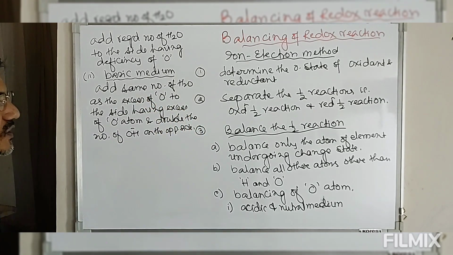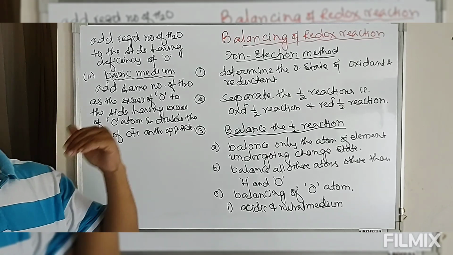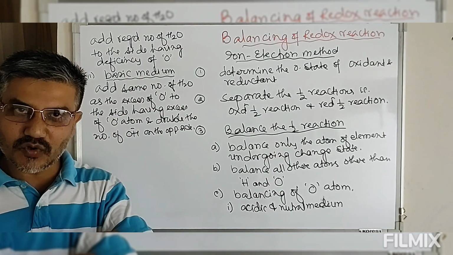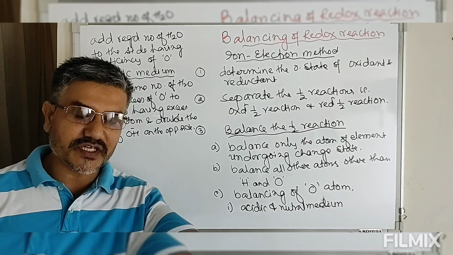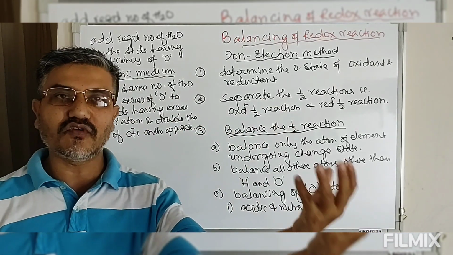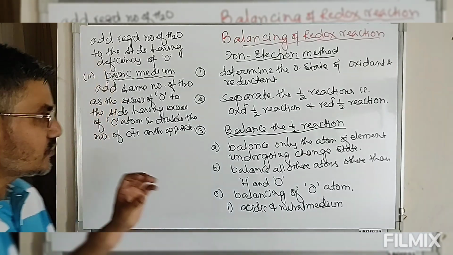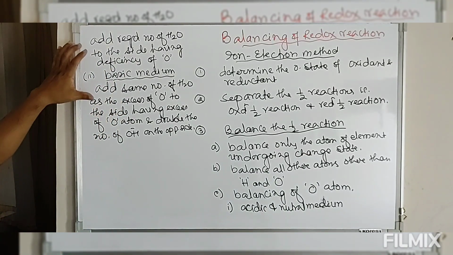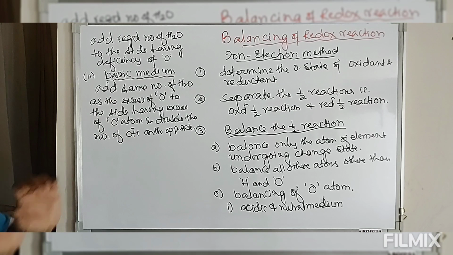If 5 water molecules are added, then on the opposite side 10 OH minus. If 7 water molecules are added, then on the opposite side we have to add 14 OH minus. By use of this, your oxygen will be automatically balanced.